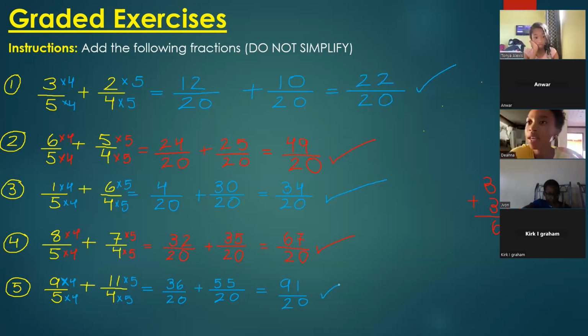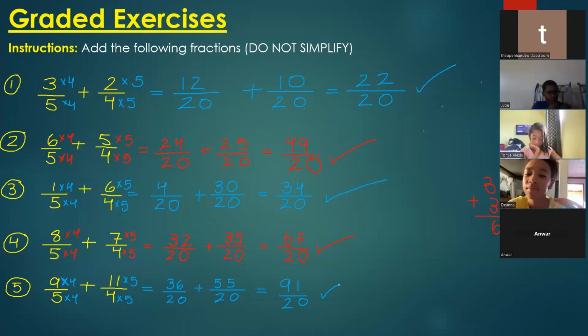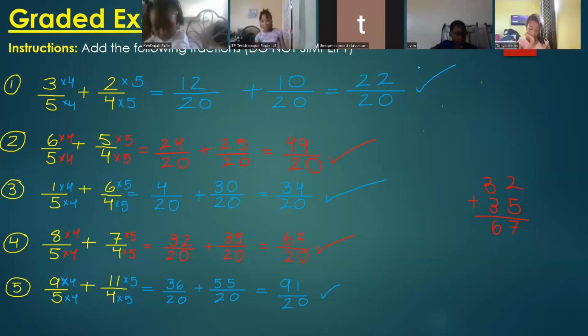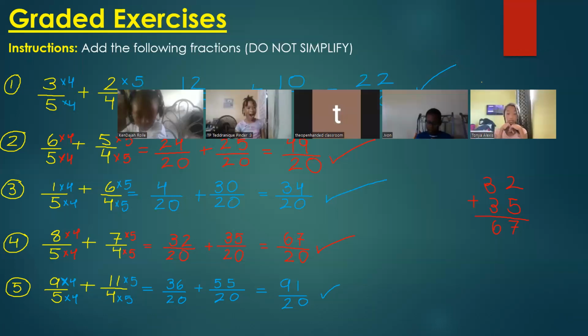Give me 1 more minute, please. I'm not finished writing. Okay. Javon, did you get it? Yes, sir. All right, awesome. DeAndre, did you get this? Is DeAndre there? Oh, DeAndre left.